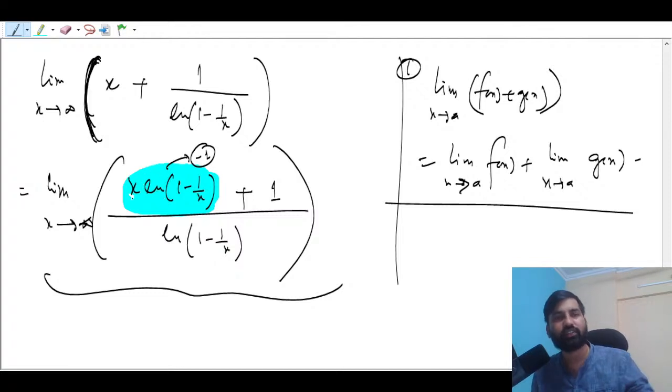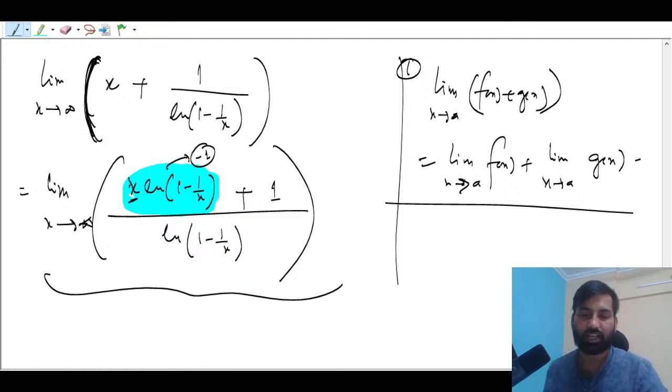Then you can take x below, and then differentiate numerator and denominator. You will get minus 1. So it is nothing but 0 by 0 form. If it is 0 by 0 form, then you have to differentiate, and life is very simple. I'm not going to do this question further. You have to try.